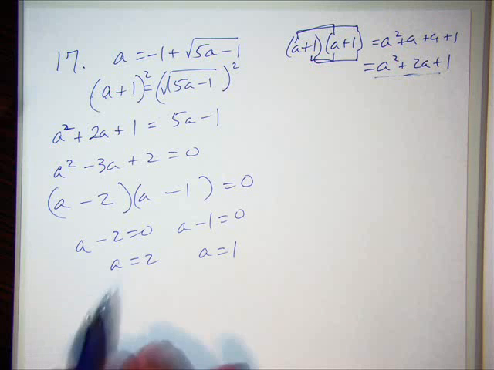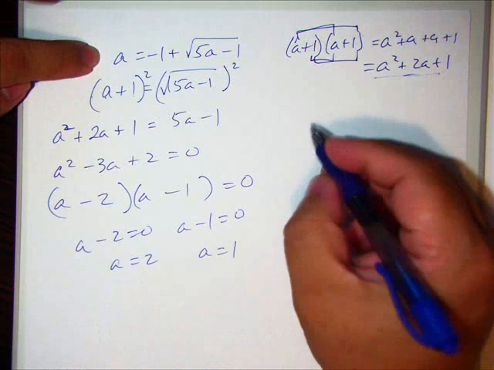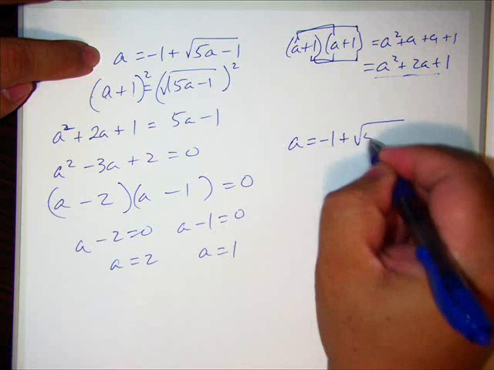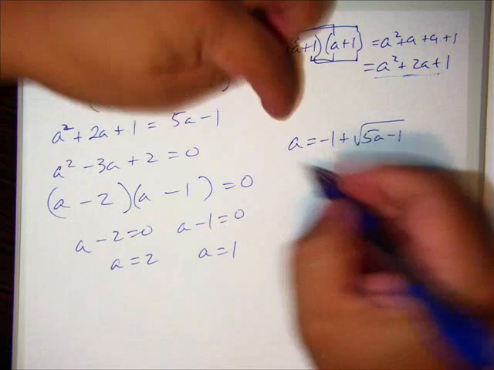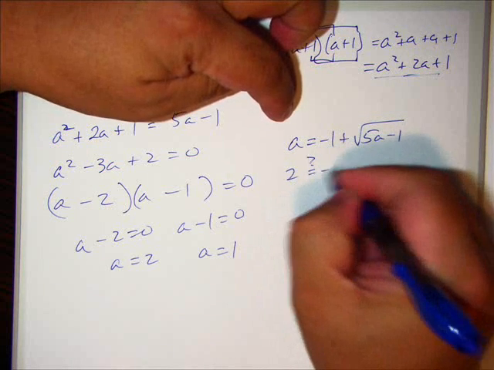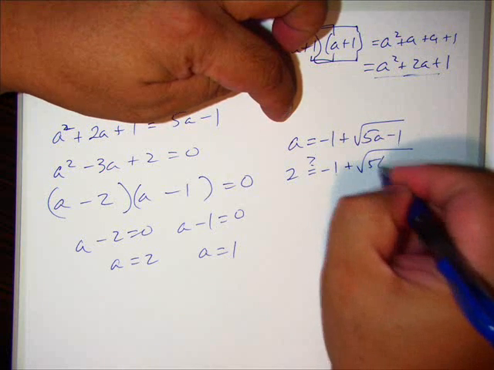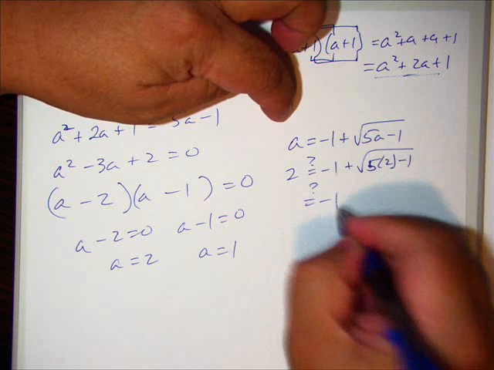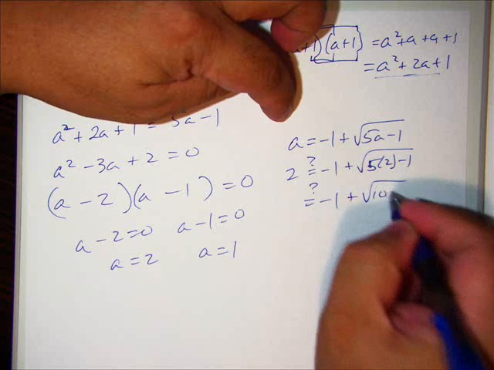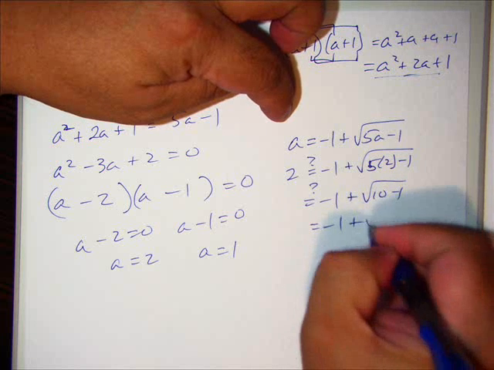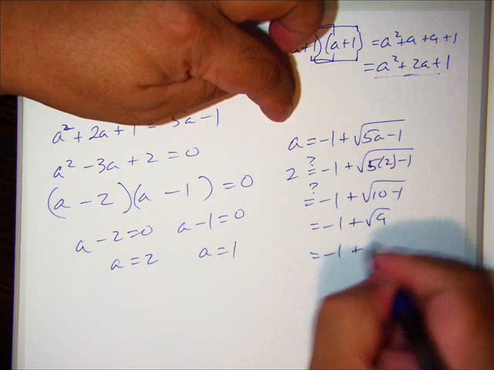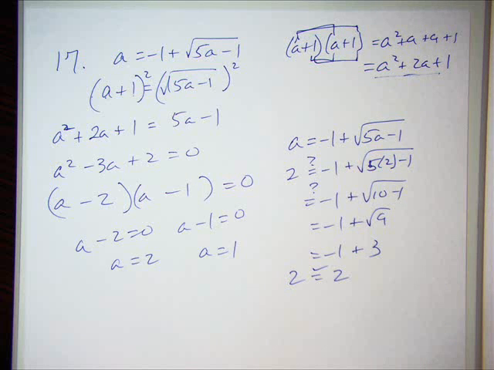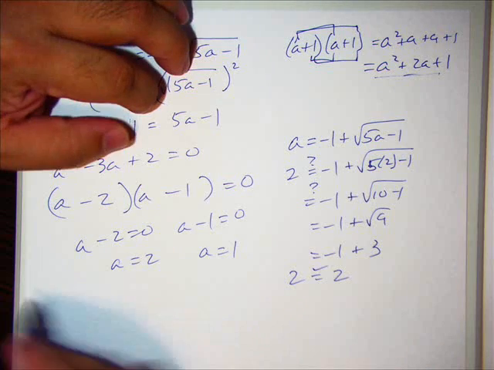Alright, plug it into the original. I want to copy the original just to keep it straight in my head. Is 2 equal to negative 1 plus square root of 5 times 2 minus 1? That's 10 minus 1, which is 9. Square root is 3, 2, yep, that worked. Let's plug in 1.